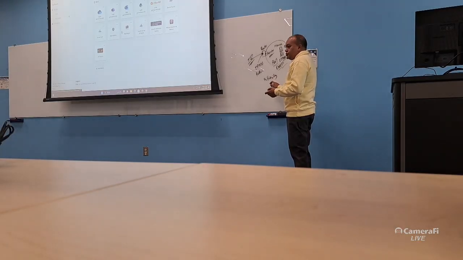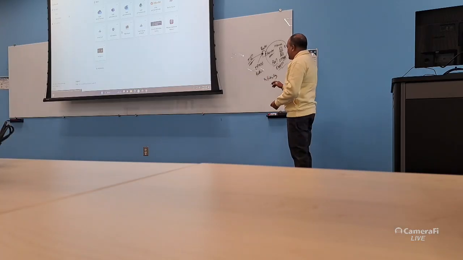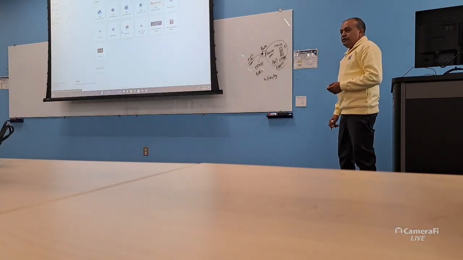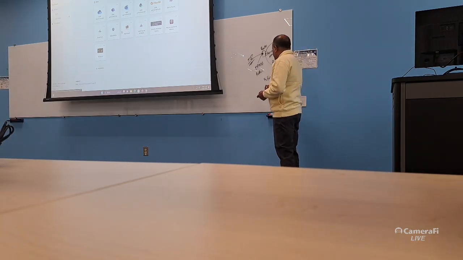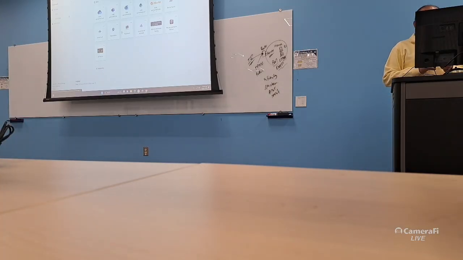Then check what is your IP address range in your house and what is theirs in their house. Like you might be using Spectrum. So what is there? If you are using AT&T, what is there? If you are using T-Mobile, what is there? So this is a very good exercise.